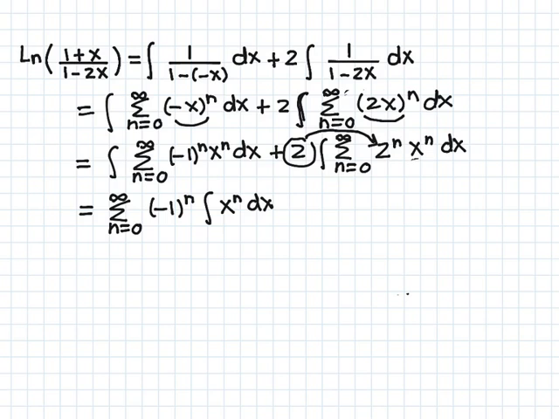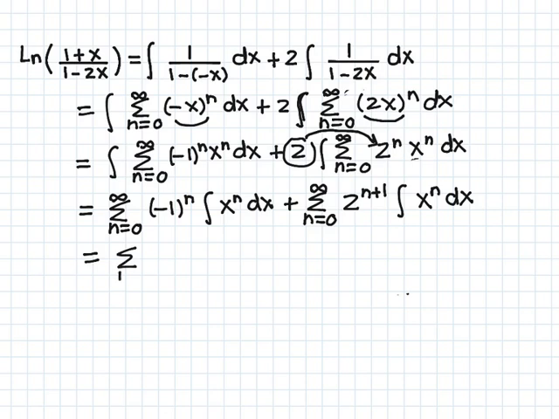We have the same base, so they add up and we get 2 to the power of n plus 1. So we have the summation n equals 0 to infinity. The integral of a sum is the sum of the integrals. 2 to the power of n plus 1, this is a constant. It stays in the front of the integral. And we integrate the part that involves x. We're integrating with respect to x. All right, let's do the integration.